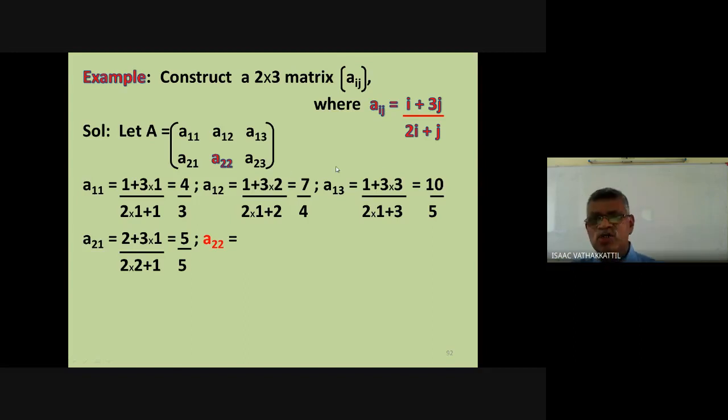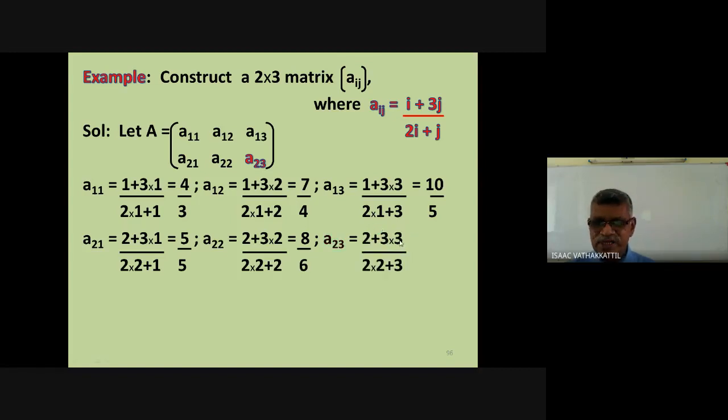A22: (i + 3j)/(2i + j). That is (2 + 3 into 2)/(2 into 2 + 2). That is 2 plus 6, 8 by 4 plus 2, 6. And A23: (2 + 3 into 3)/(2 into 2 + 3). That is 2 plus 9, 11 by 4 plus 3, 7.